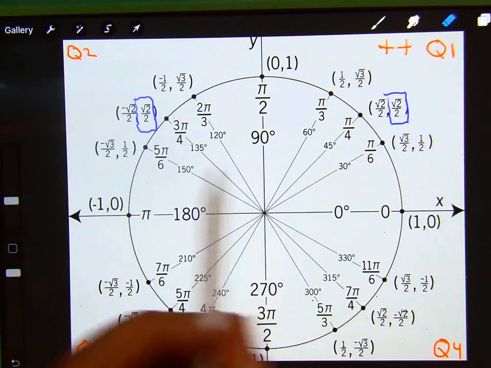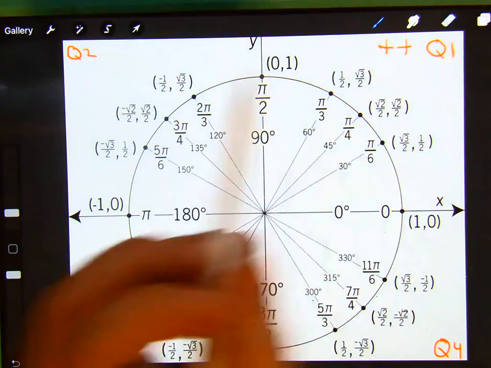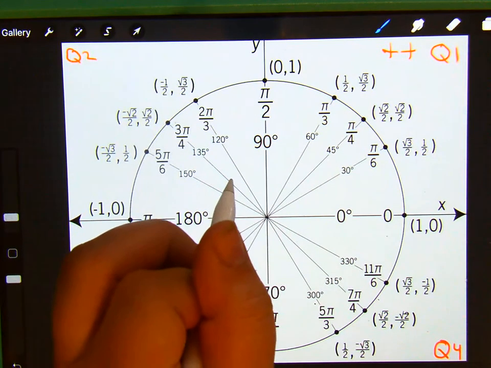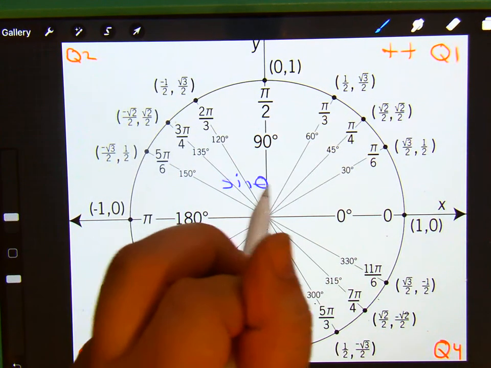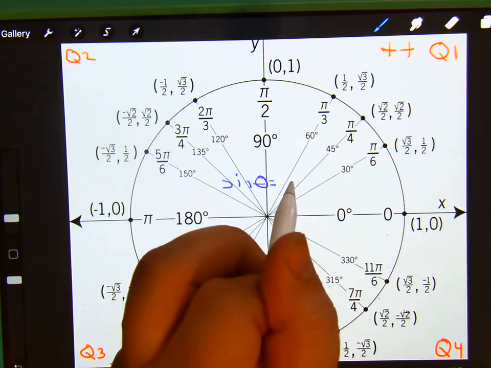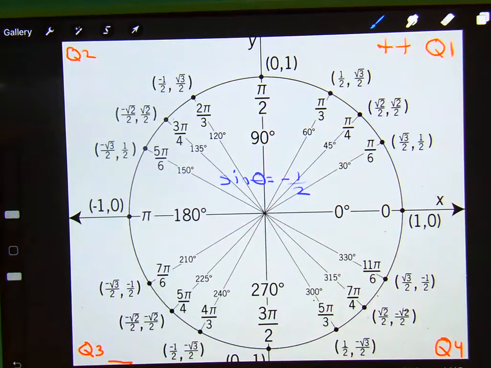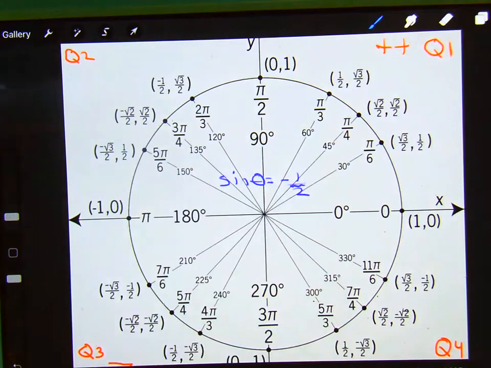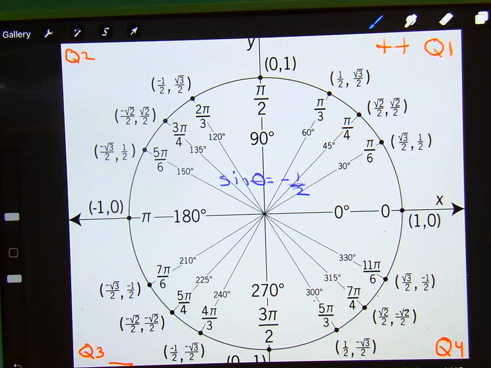Sine theta equals negative 1/2. I want you to take a second and see what two quadrants I can be looking at if sine of theta equals negative 1/2, my y equals negative 1/2.